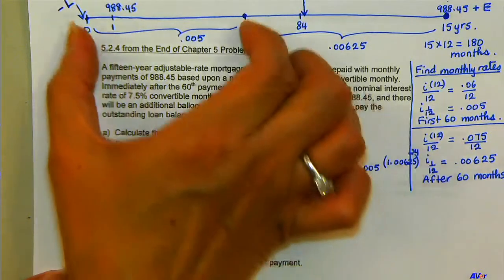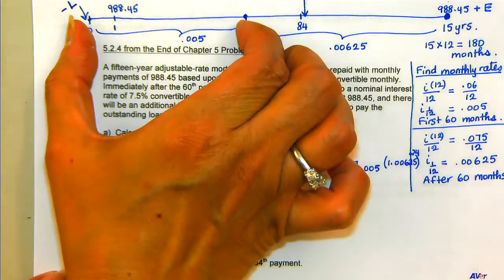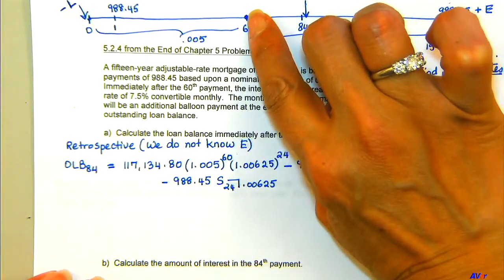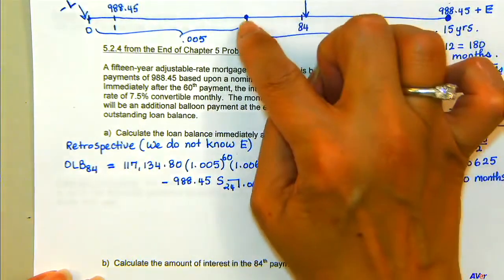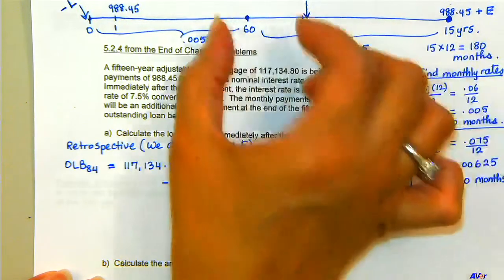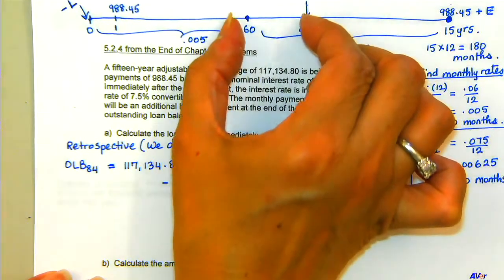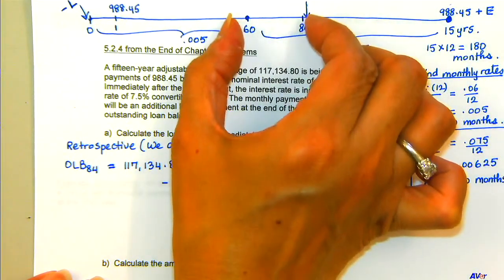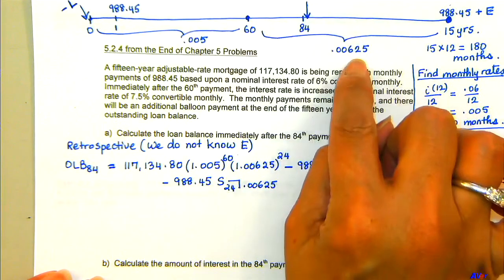I accumulated these payments, but that's the accumulated value at 60. The interest rate now changes, so I have to forecast that. And I have to find the accumulated value of these 24 payments at this interest rate.